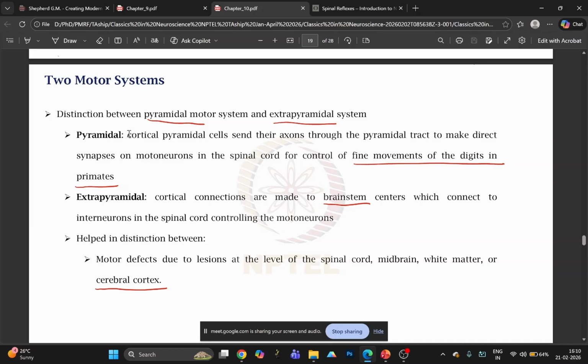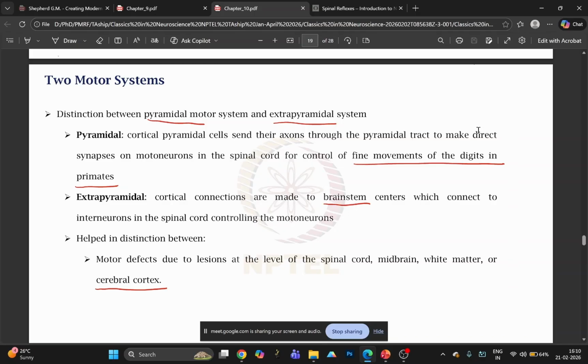So the pyramidal cells present in the cortex send their axons through the pyramidal tract, and these axons are directly synapsing with the motor neurons present in the spinal cord. And these are responsible for the control of fine movement of the digits in the primates. This is one kind of motor system.